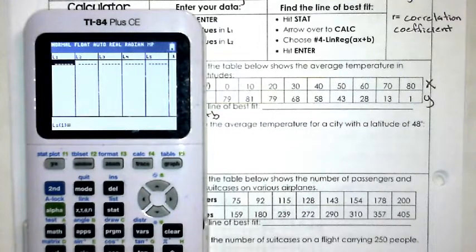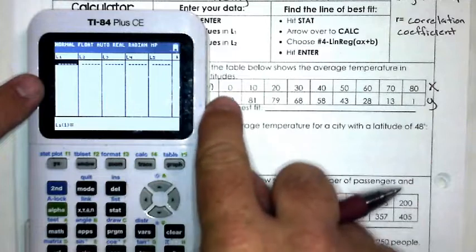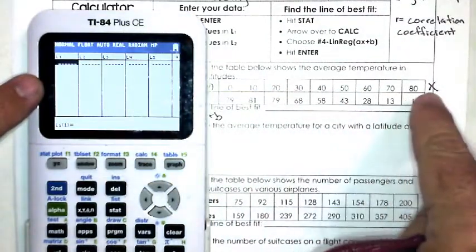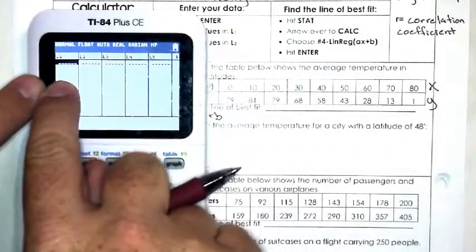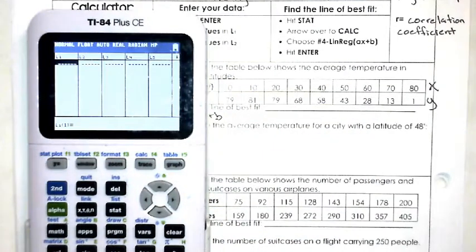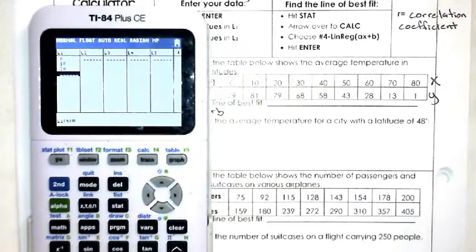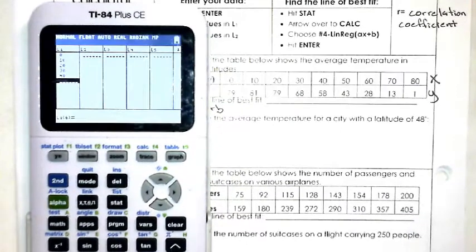I'm going to put them in the order I'm given: 0, enter, 10, enter, 20, enter, 30, enter, 40, 50, 60, 70, 80.